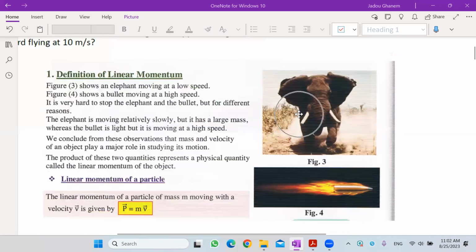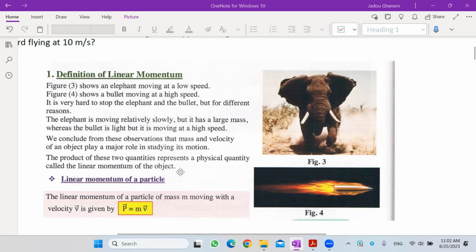Assume that you have this elephant moving with a speed and another object, a bullet, moving with a different speed. For sure, the bullet will be moving with a very high speed compared to that of the elephant. But if we want to talk about the linear momentum, the product of these two quantities represents a physical quantity called linear momentum.